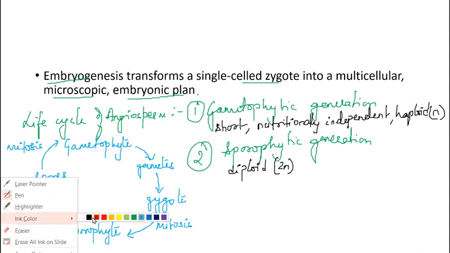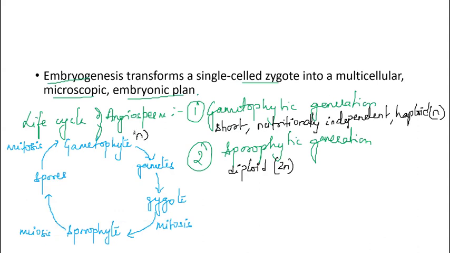Gametophytes are haploid. Gametes are also haploid. The fusion of male and female gametes is known as syngamy, which forms the zygote, which is 2N. The sporophytic plant is also diploid, as I told you. Now spores are haploid.